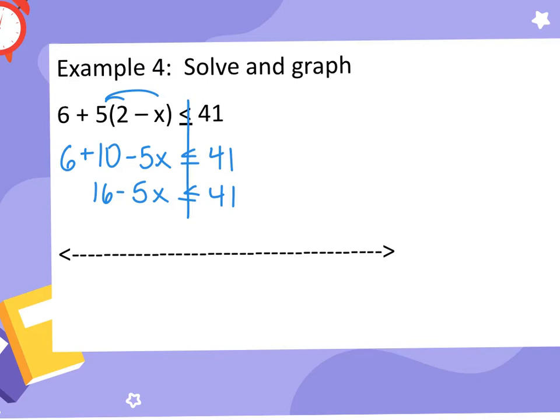Okay, now what? Minus 16 on both sides. Great. On the left, it's going to cancel out. And just give us -5x is less than or equal to, what's 41 minus 16? 25. Okay.